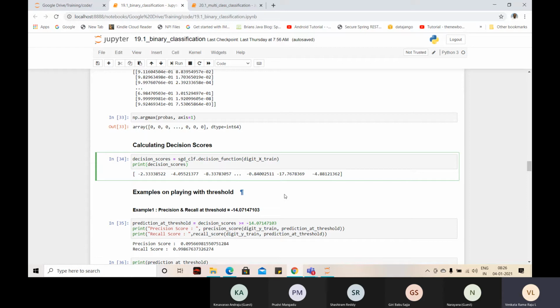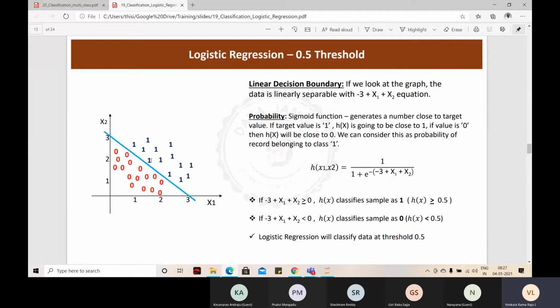If you look at this diagram, if the record is very close to the line or on the line, then the decision score is going to be very small, maybe 0.05 or something like that. And probability is also going to be like 0.6 or 0.5, 0.51 or something like that.